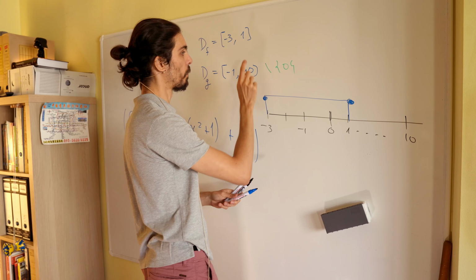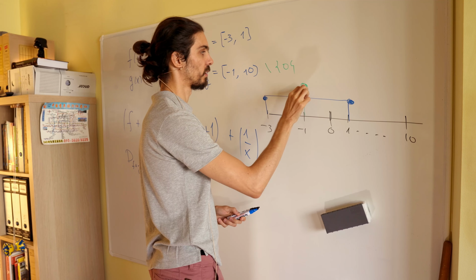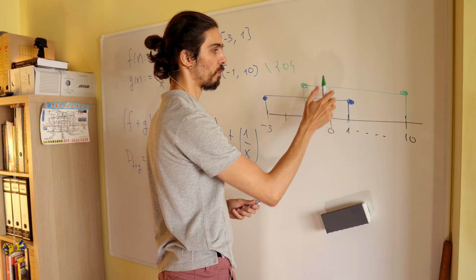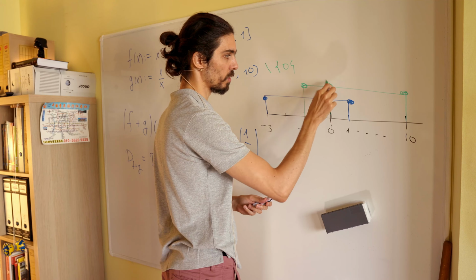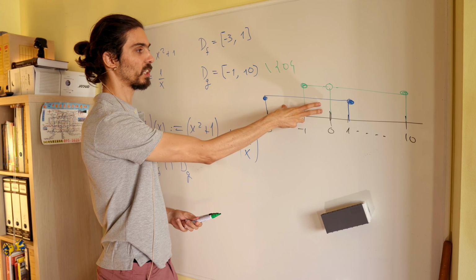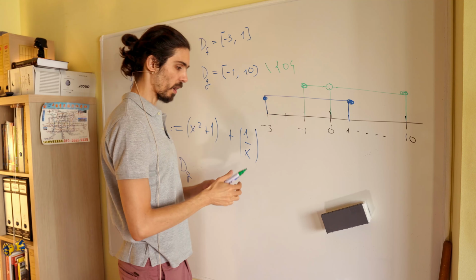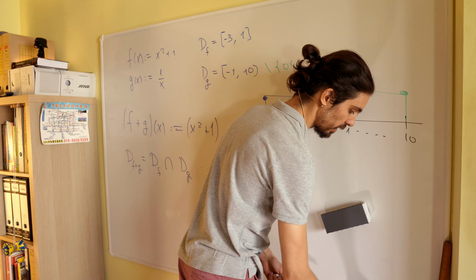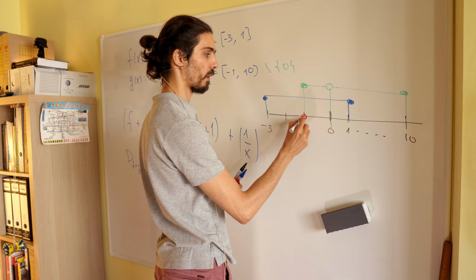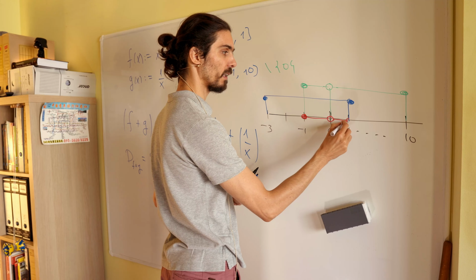And the domain for the second one is from -1, closed, up to 10, but you need to avoid 0, so it's open there. So the intersection of the blue thing and the green thing, let me put it in red, goes from here, closed, up to here, open, and then again closed.